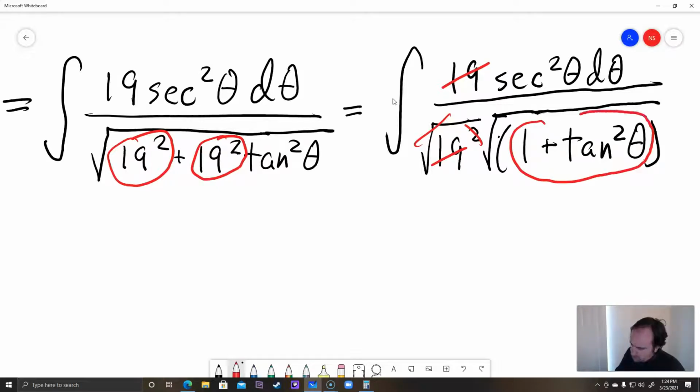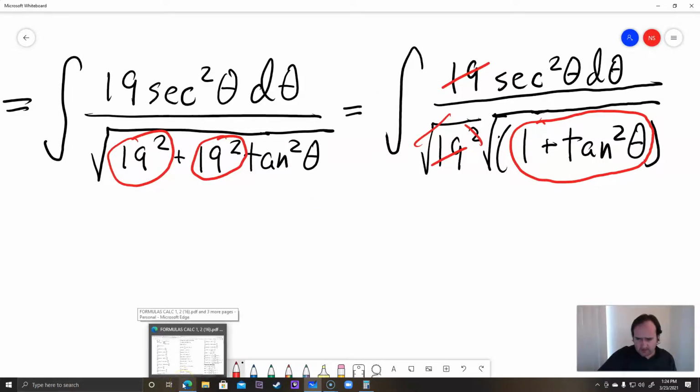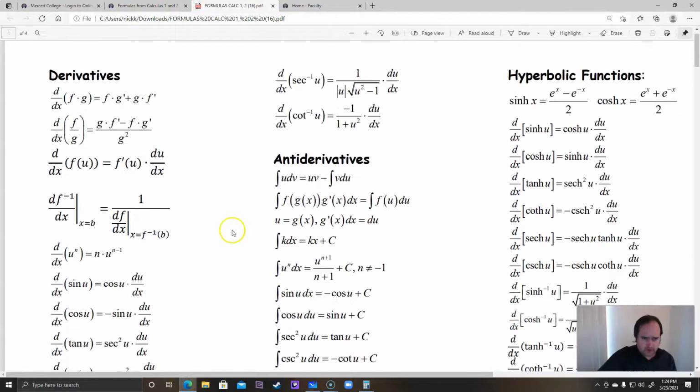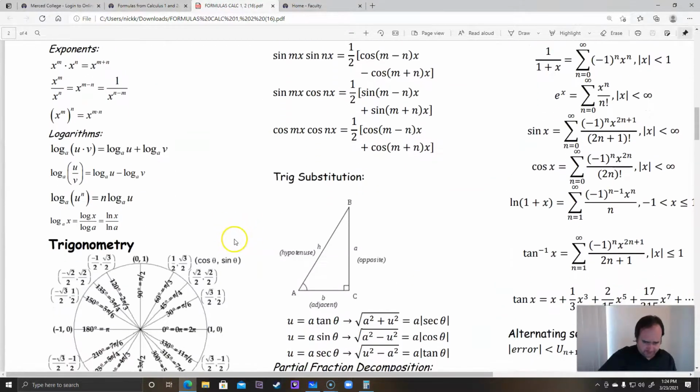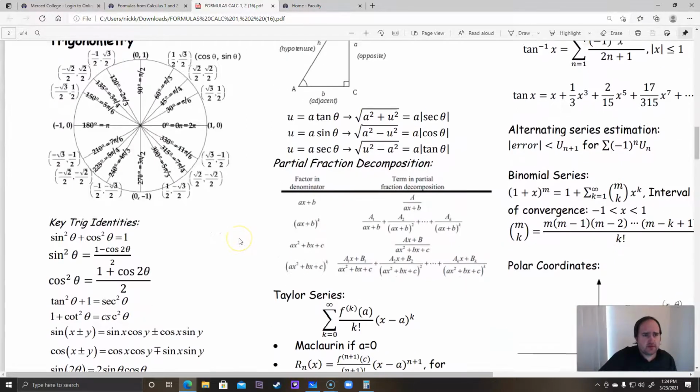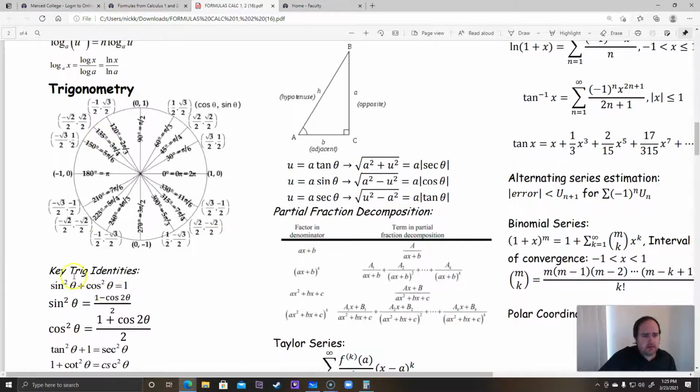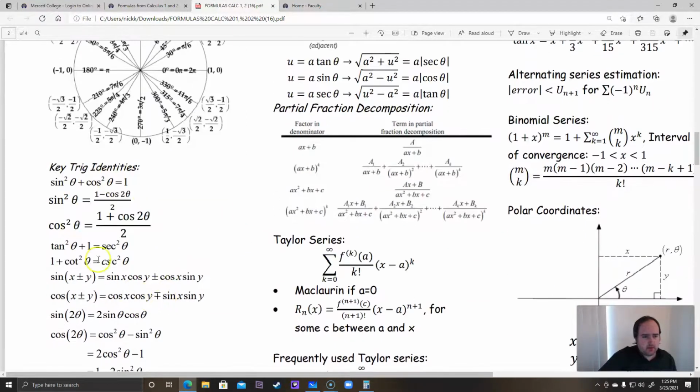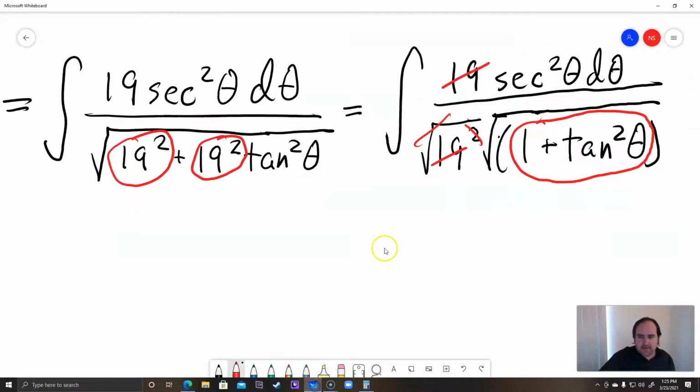And I believe 1 plus tangent squared of theta is secant squared of theta, but just in case I'm wrong, let's look at our formula sheet. So if we go to the second page of our formula sheet under trigonometry and key trig identities, we have tangent squared of theta plus 1 is secant squared of theta, right there. So I was correct. Okay, so we're going to plug that in for this one that I circled in red.